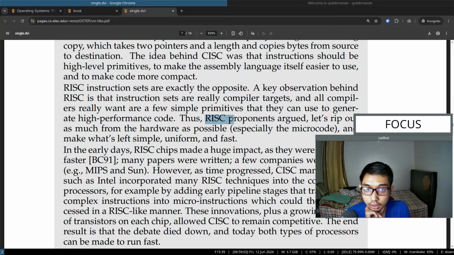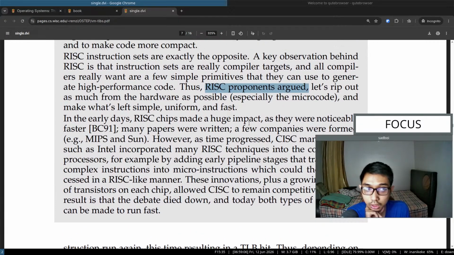Thus, RISC proponents argue, let's rip out as much from the hardware as possible, especially the microcode, and make what's left simple, uniform, and fast.